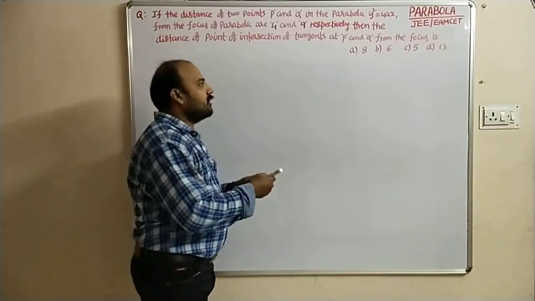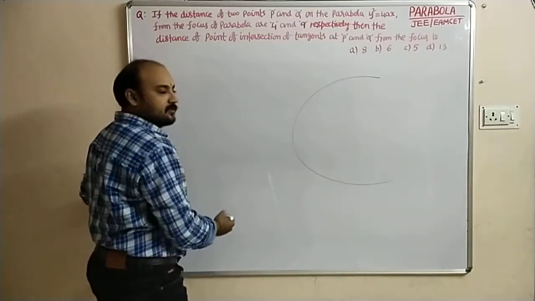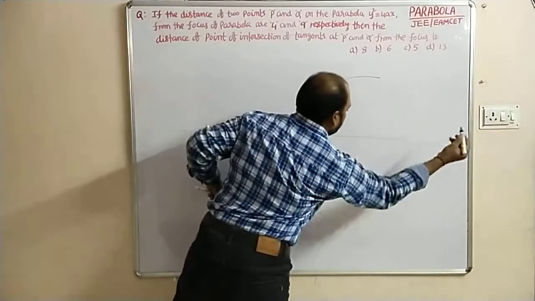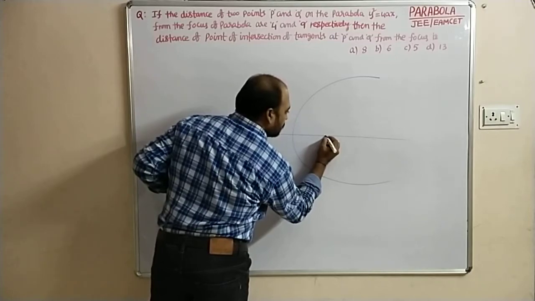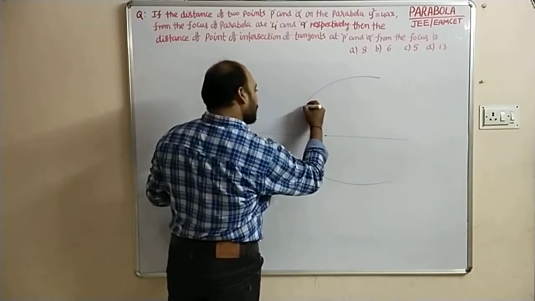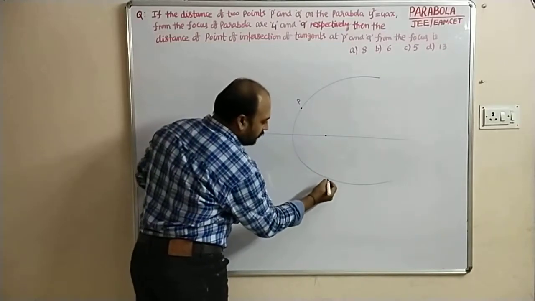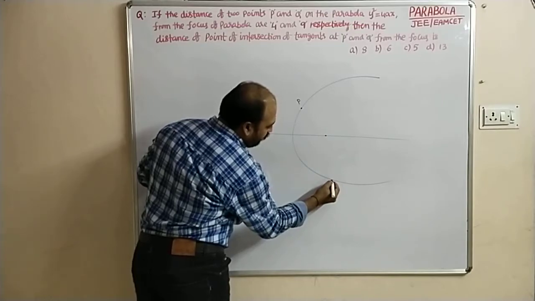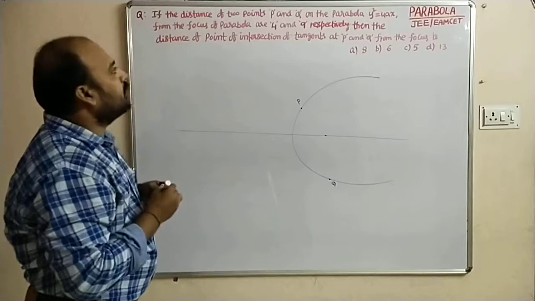So if you draw the rough figure, you will get an idea. Y square equal to 4x. S is the focus. And P is any point on the parabola, as well as Q is also another point on the parabola.